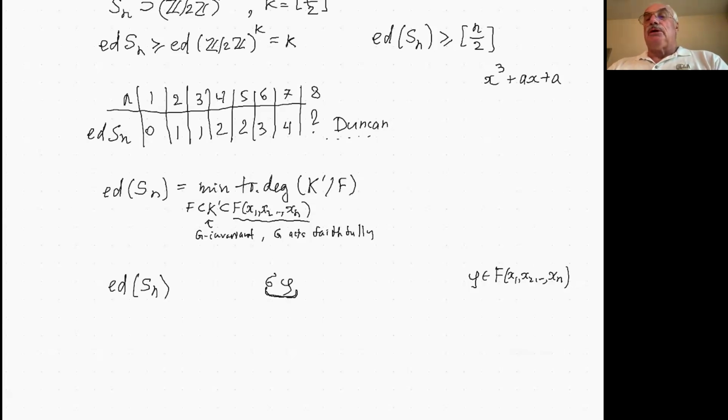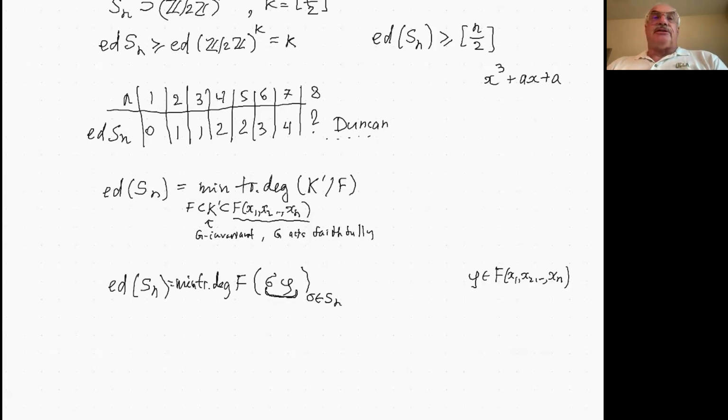And then you generate the field over the ground field F by all such functions, for all sigma in the symmetric group. Then you compute the transcendence degree of this field and take the minimum. Minimum over all phi is the property I described.